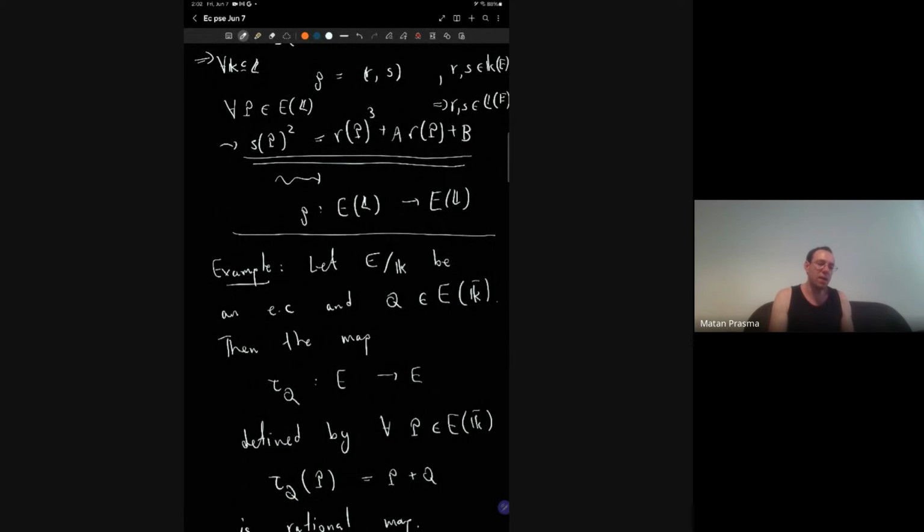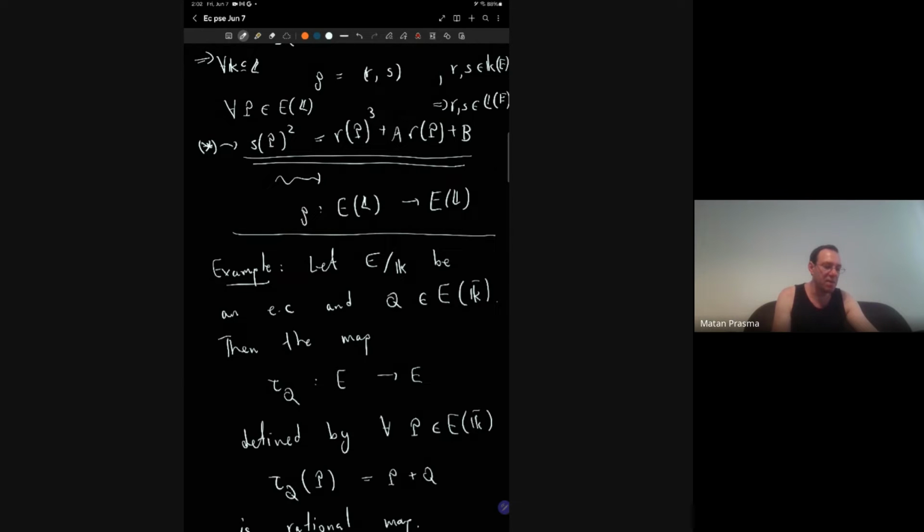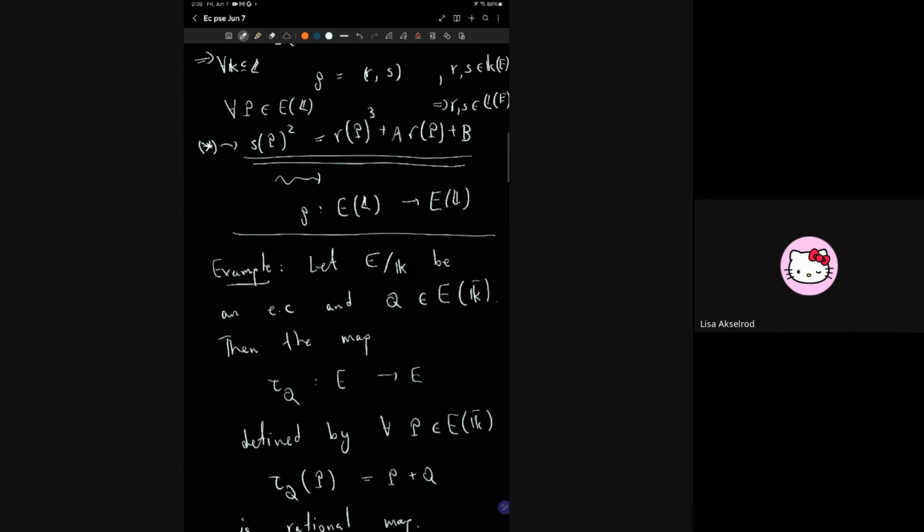You can, because this equation cannot be satisfied if one of them is infinity and the other is not. Yeah, of course, it makes sense. But only for this equation, it's not for all rational functions. No, only for this equation.